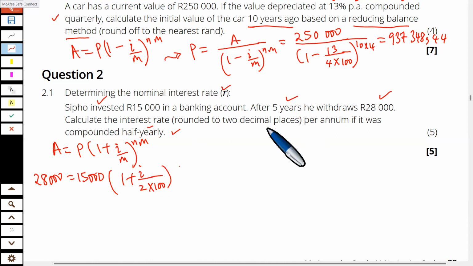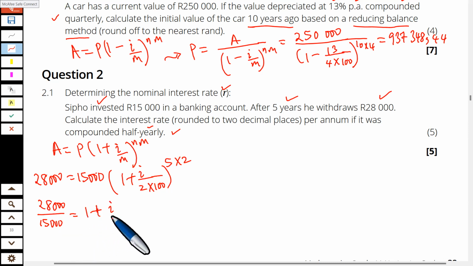Then obviously it's 5 years times 2, because it's compounded half yearly, 2 half years every year. We divide 28,000 by 15,000. 1 plus i divided by 200, to the power 10.